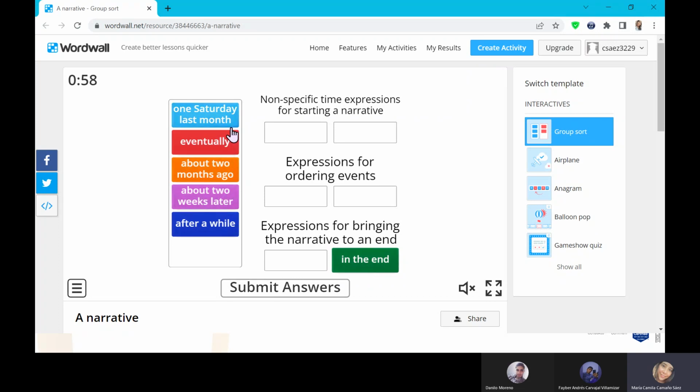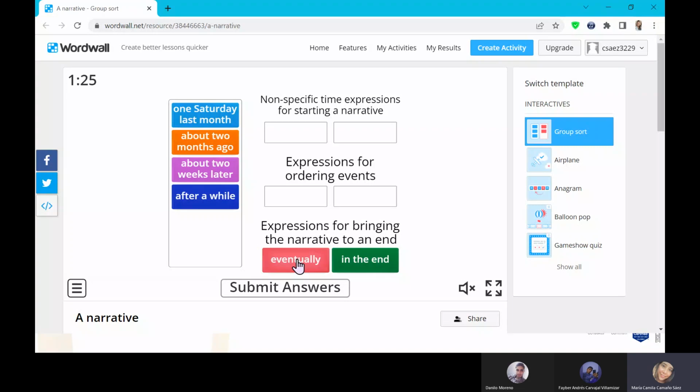And "eventually"? Expression for ordering events? Now, in fact, it's to bring the narrative to an end, because if you think a lot about the word eventually, it's like a summary, or it describes the consequences of any action.